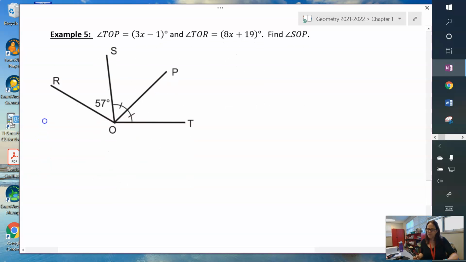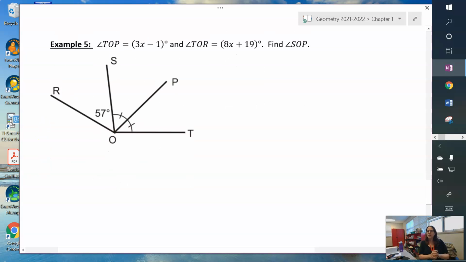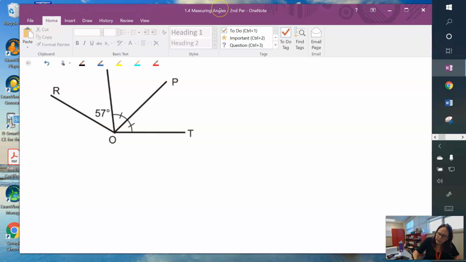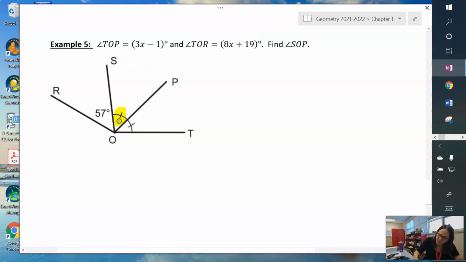All right, we've got another one. Now take a look at this diagram. I have some markings in that diagram. I have right here an arc with a tick, and I have another arc with a tick. If they're marked the same, they are the same.